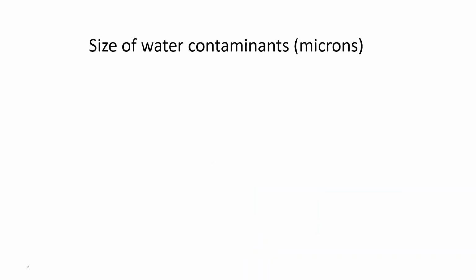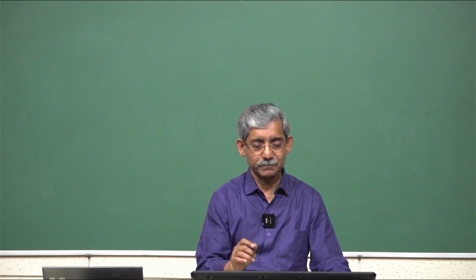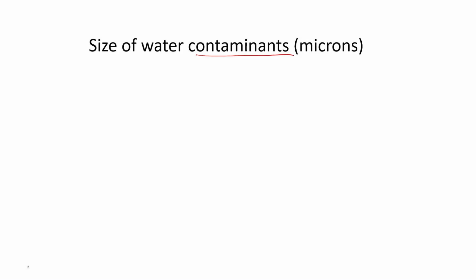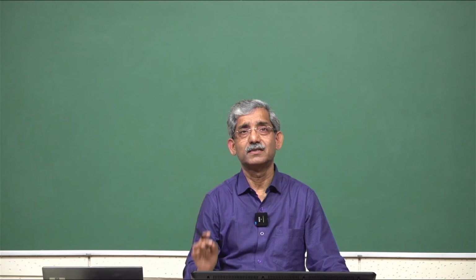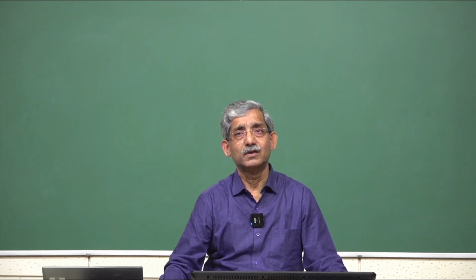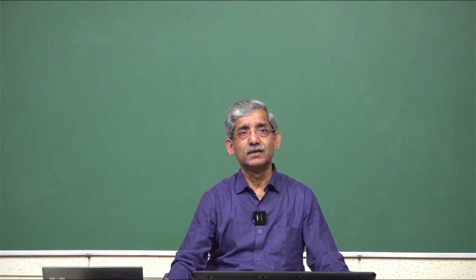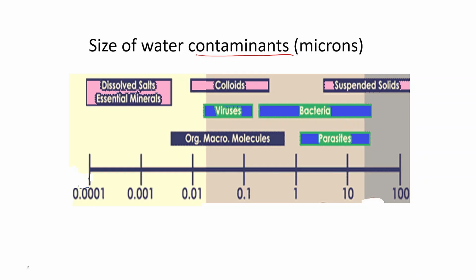First, before we design our filter, we must know our contaminants. These contaminants are filtered out based on their size. We can see here the commonly available contaminants in water.